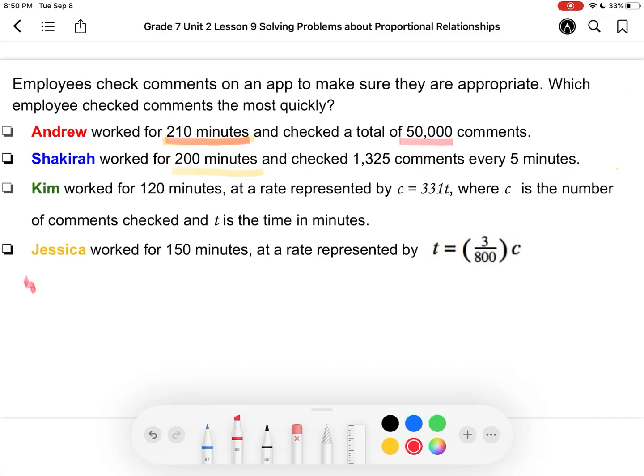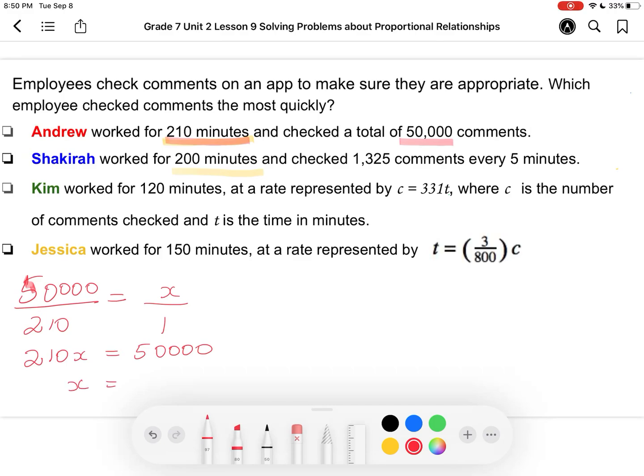So 50,000 comments in 210 minutes would give me how many comments in 1 minute, and I can cross multiply 210x is equal to 50,000, and divide both sides by 210, I get x is equal to 238.1 comments per minute.